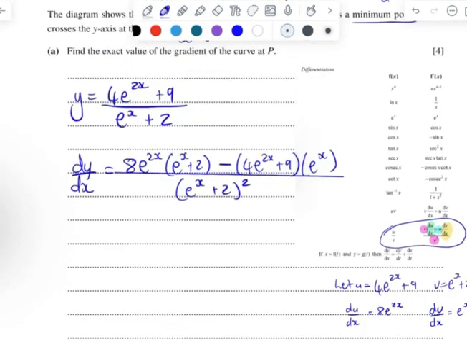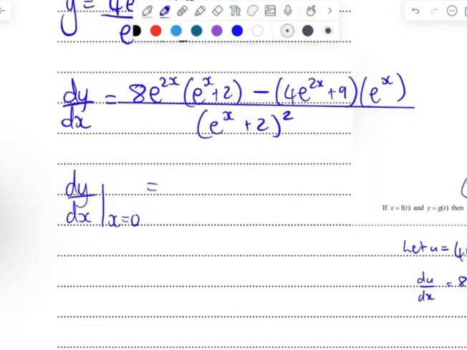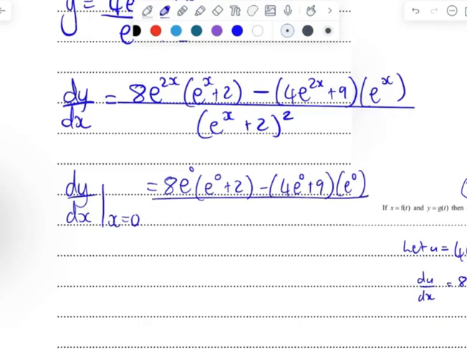We're going to plug in x is equal to 0. Okay, so I'm not going to write everything down if it's just e to the 0 like that. I'm just going to do that. Minus 4e to the 0 plus 9 times e to the 0.